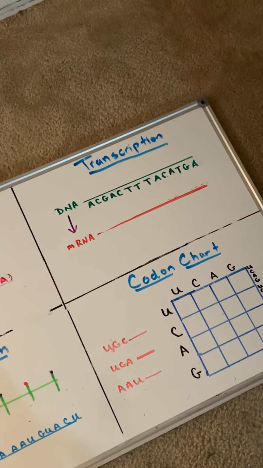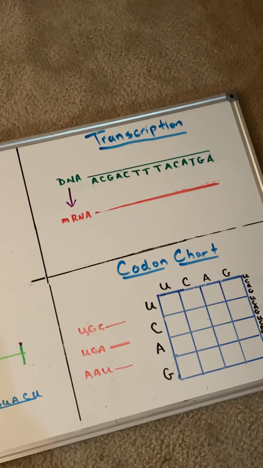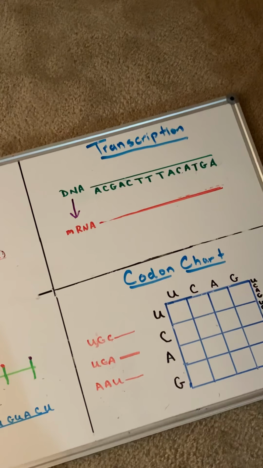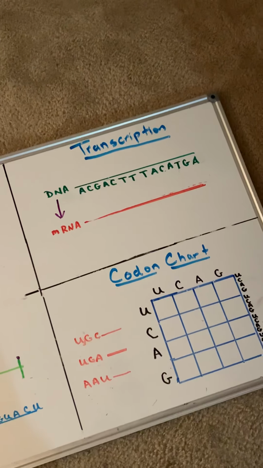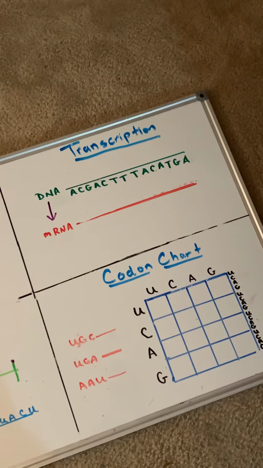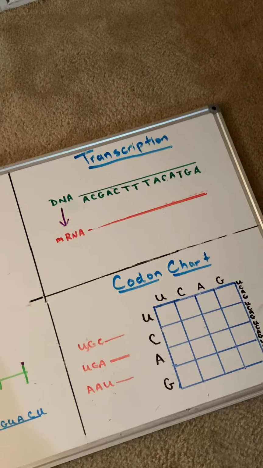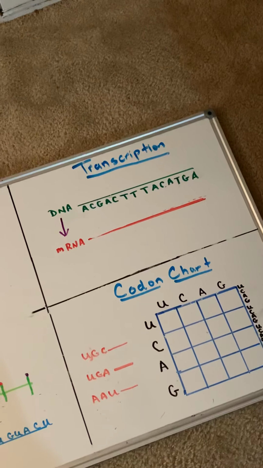So what you need to remember is that A is going to always be paired up with U, or adenine is going to pair up with uracil, and guanine is going to do what it always does. It's going to pair up with cytosine, or G is going to pair up with C. So uracil replaces thymine in RNA.